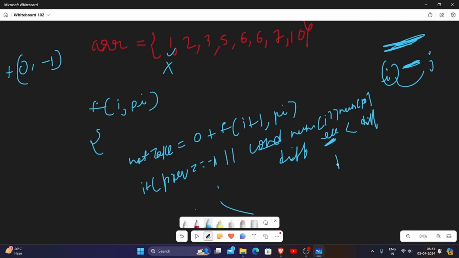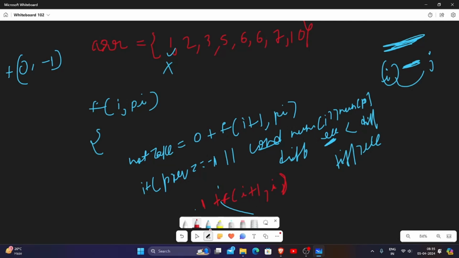Or we can say the difference has to be greater than the number of elements we need. So if this holds, that means now I am taking this element, and I would add to my answer and call the function with index plus 1, saying go to the next index. But this time, since I have taken this element, this index becomes my previous for the next one.